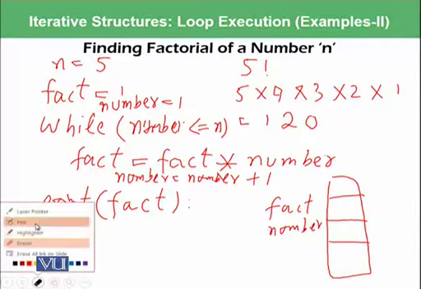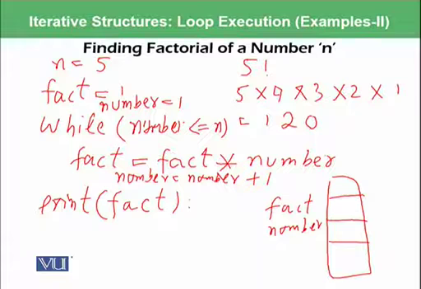So let's do it over here. Now fact is containing 24 and number contains 5. And then 5 into 24 will become 120, and that 120 will be stored in fact.